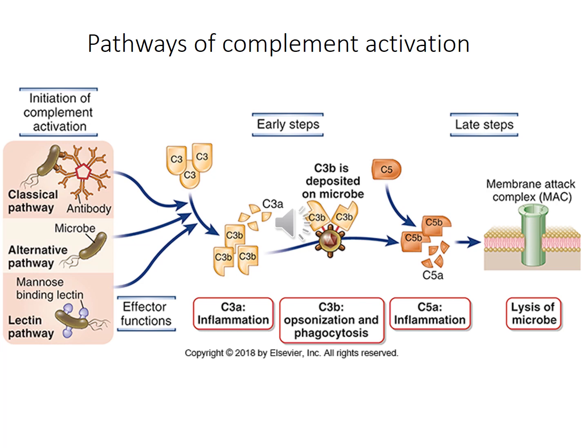So the complement is activated through 3 distinct pathways. The classical pathway, it's called so simply because it was discovered first, uses the plasma protein called C1q to detect antibodies bound to the surface of a microbe or another structure.